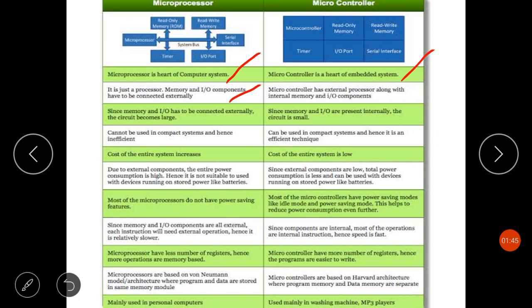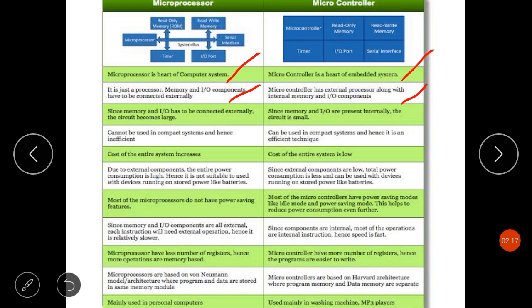Whereas a microcontroller has everything embedded on a single chip. It has the processor, the internal memory, the input output components, everything on a single chip. Or you can say it is a small computer, a microcomputer on chip.